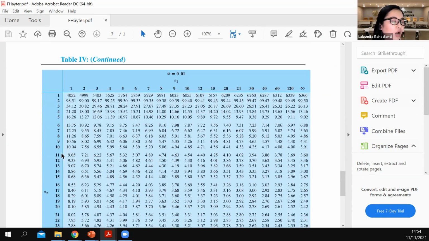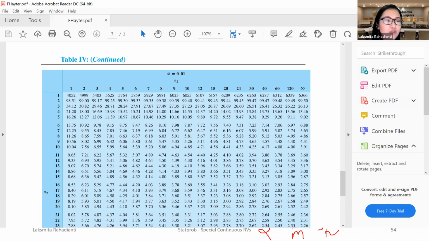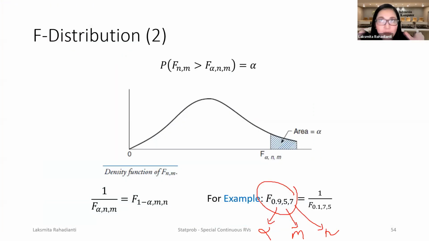Then you can look up based on the N, the first degree of freedom, and M, which is the second degree of freedom, and then you can find the critical point. Once again, chi-square, T, and F distributions all give you the critical point in their tables, not the probabilities. It's the exact opposite of what the Z table is giving you.